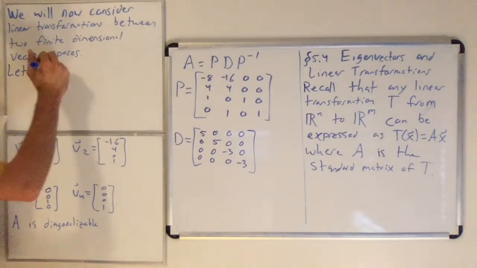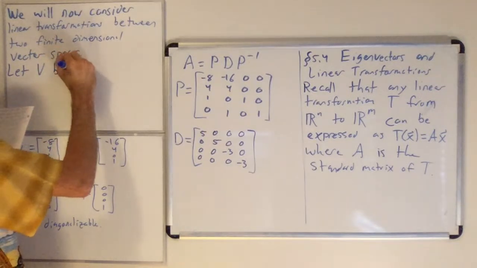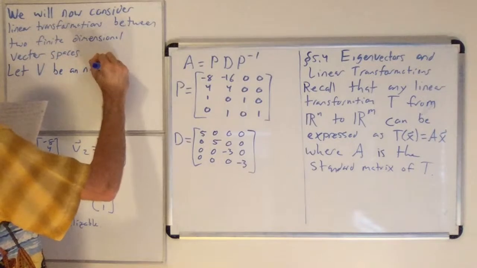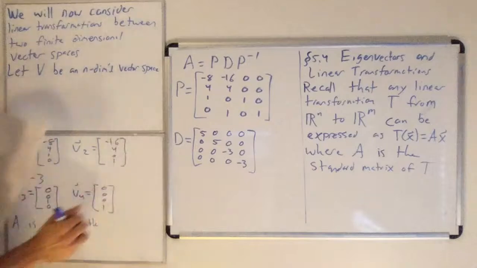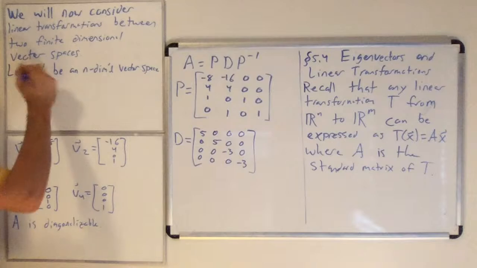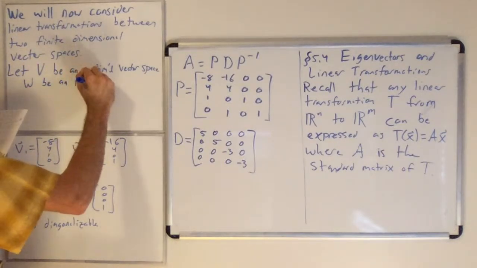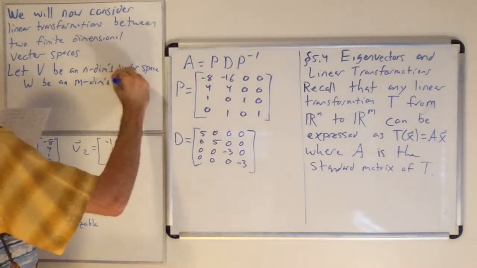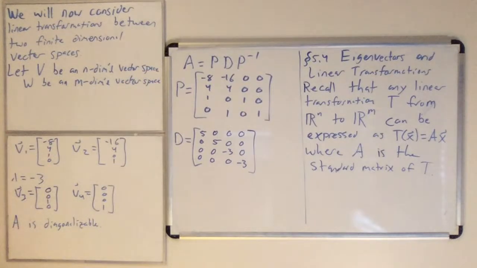So let V be an n-dimensional vector space, and W be an m-dimensional vector space, and T be a linear transformation from V to W.